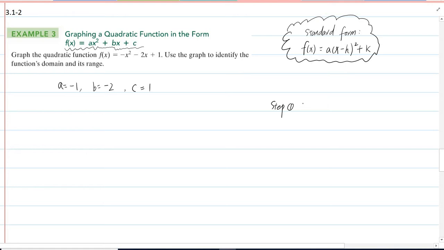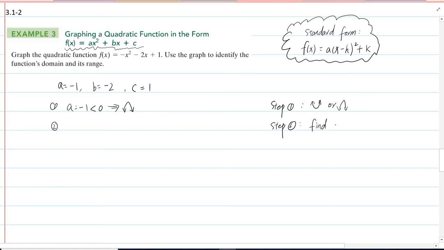We start by finding out whether this parabola opens upward or downward. Because a is -1, which is less than 0, the parabola opens downward. Then for step 2, find the vertex.